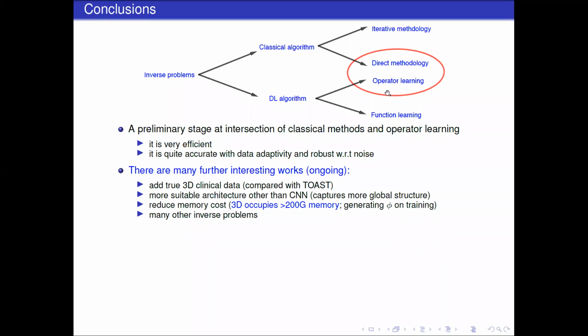What is really interesting to us is to combine the techniques from these 2 fields. The current direct methodology for inverse problems already provides us with a very rich mathematical structure of the inverse operator.